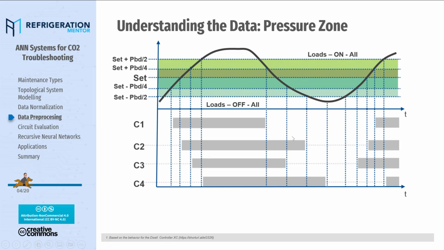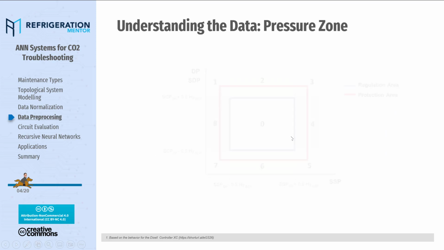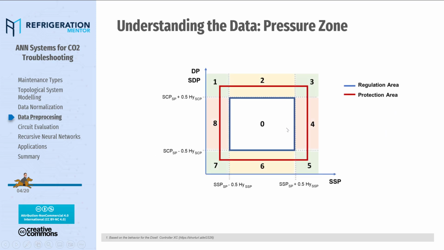Whatever the combination case, we have two zones, regulation and protection, with 9 possibilities in total. The blue area is where the regulation takes action, and it is a normal behavior of the system. But if something is happening in the system, the actual point in the envelope will leave the regulation area and enter the protection area, where our algorithm will detect the case.